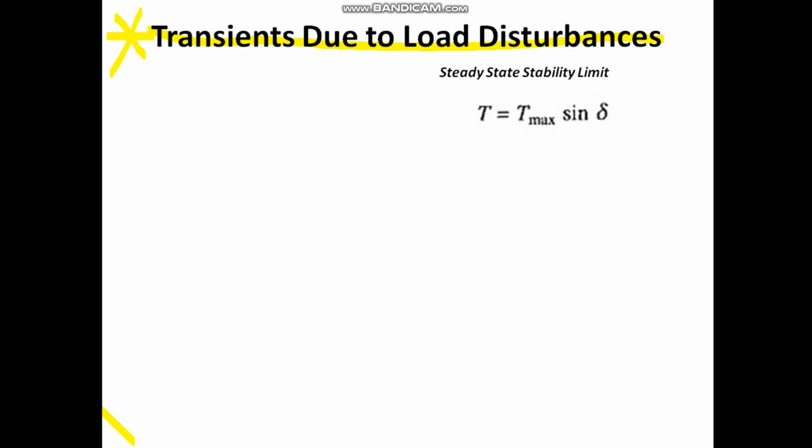There we had derived T equals T max sine delta, where T max, if you remember, is 3 V into E divided by XS into omega S.